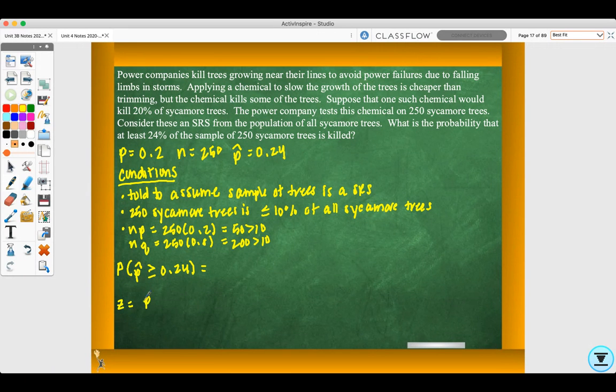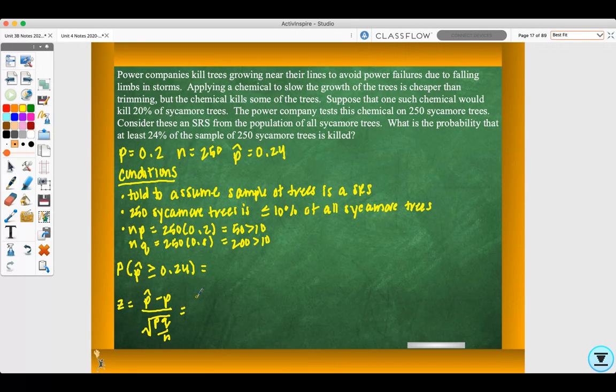z would be p hat minus p all over the square root of p times q all over n. So this would be statistic minus parameter all over the standard deviation of the statistic.